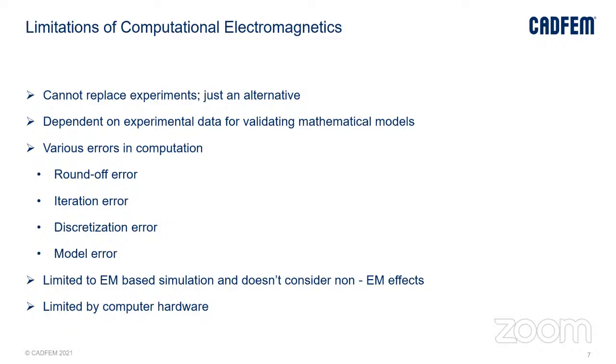Simulation of such structures is not possible in electromagnetics, where in CEM only electromagnetic behavior is considered, and other effects cannot be considered. So that can be one limitation. Another limitation would be computer hardware, where depending upon the structure, you might need a better RAM, higher memory to actually simulate that structure.